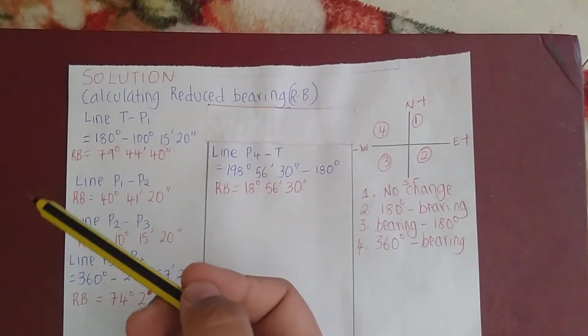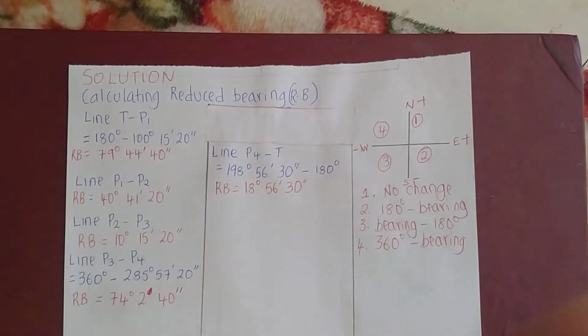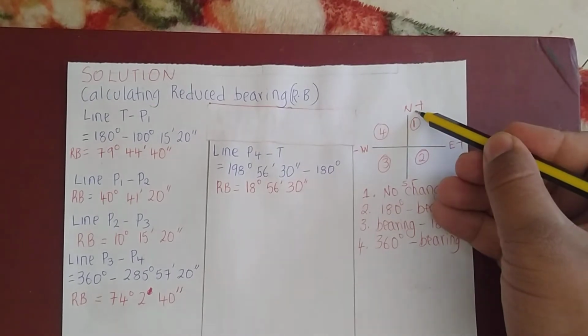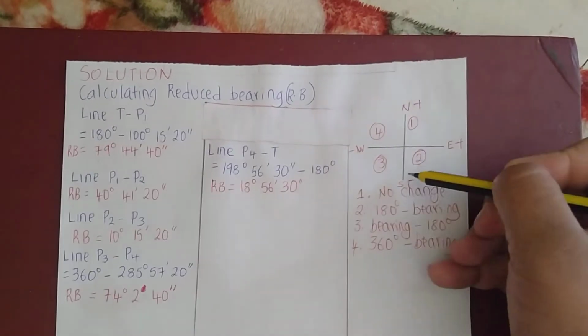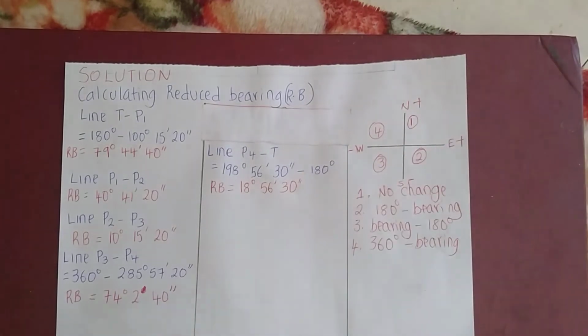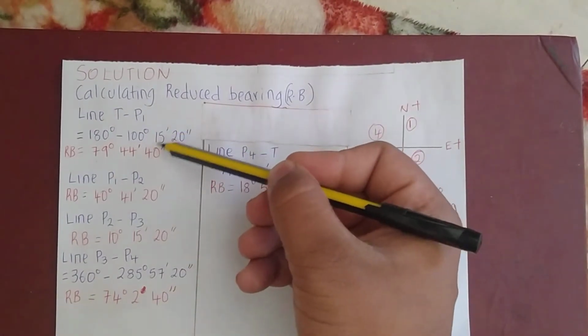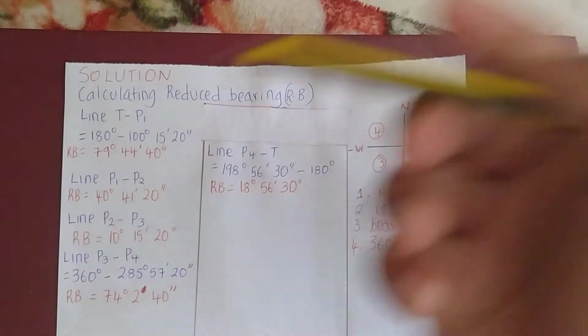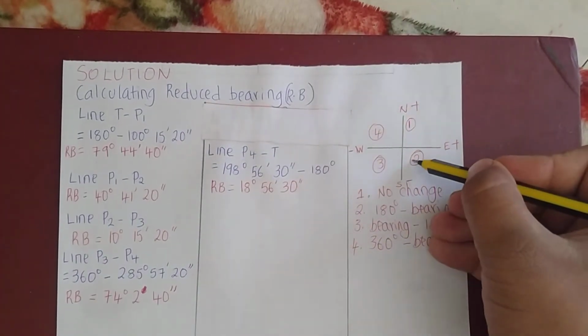If you want to calculate the reduced bearing, you can see that we have north, east, south and west. 100 degrees 15 minutes and 20 seconds falls in the second quadrant.